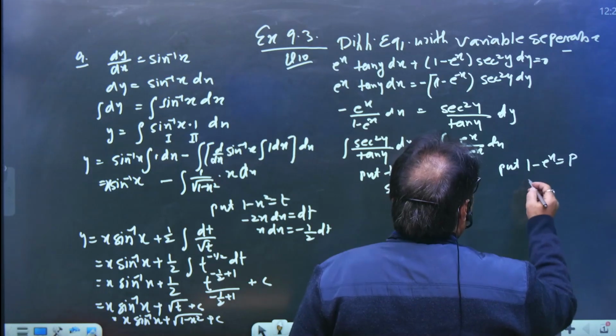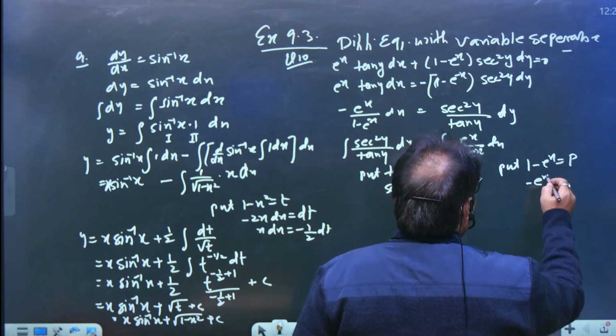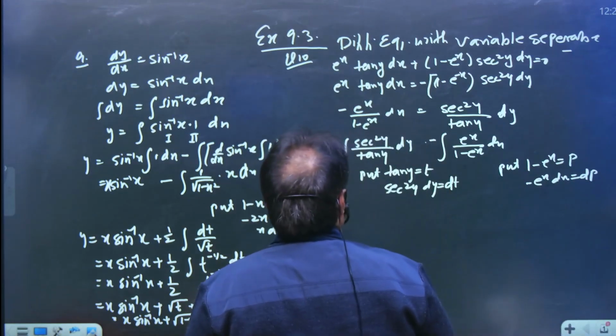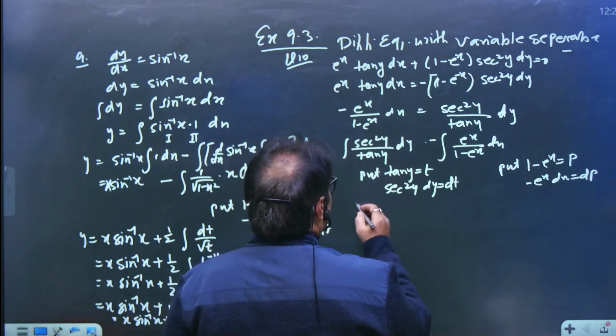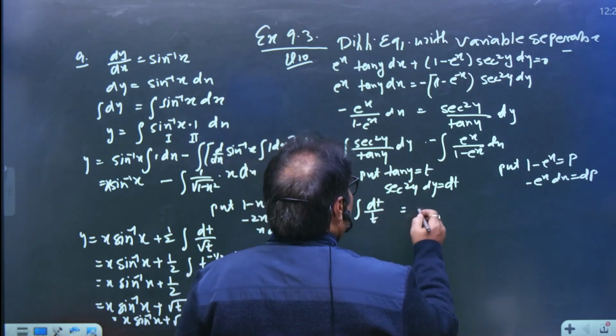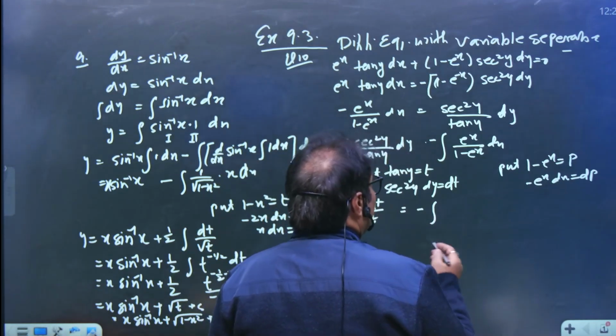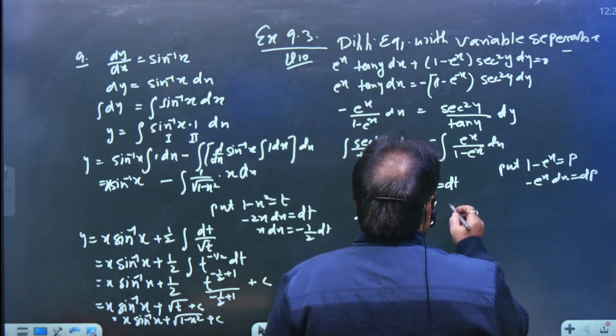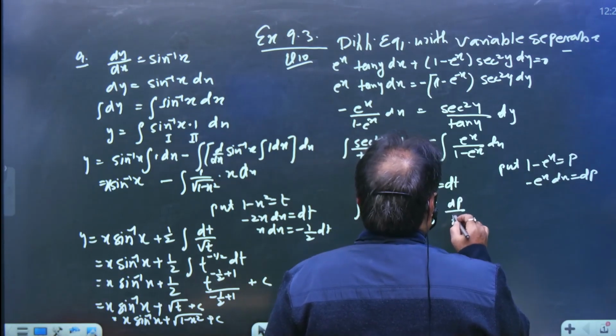So minus e raised to the power x dx is equal to dp. So this will be equal to dt by t, and minus, this will be minus plus, and e to the power x dx, that is dp upon p.